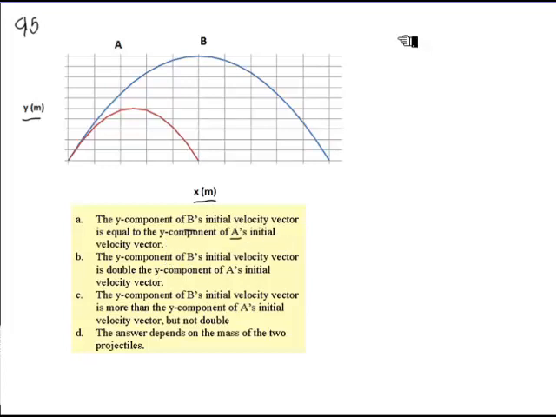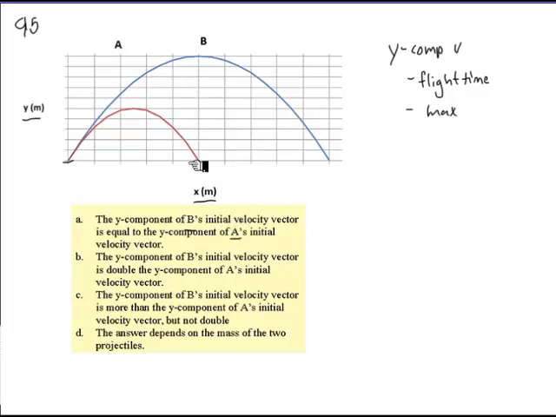But what you have to realize is that the y component of V tells you two things. It tells you flight time, and it tells you max height, assuming they both have the same initial firing position. Obviously, you can move one cannon 10,000 feet in the air, and that's going to change things.